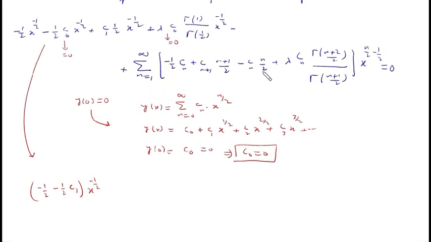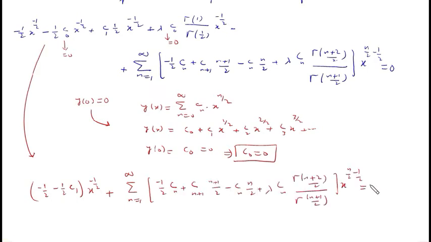And I have this bigger series, which is summation n from 1 to infinity into, everything will remain as it is, and I can write 0 with x to the power minus 1 by 2 and 0 with x to the power n by 2 minus 1 by 2.